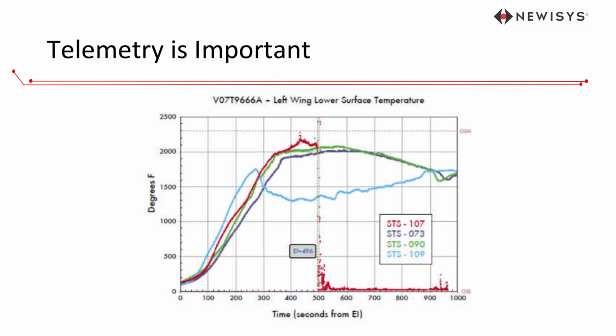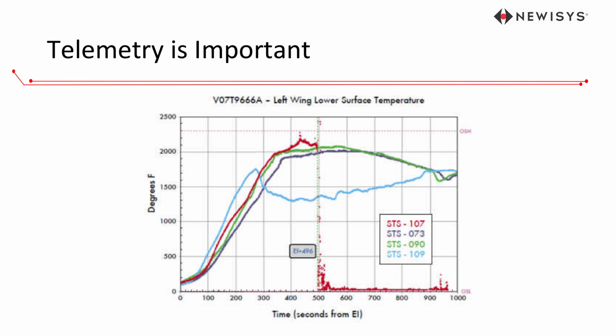To me, telemetry is very important, and it's been a while since I worked on the space shuttle program, but STS stands for Space Transportation System, which is more commonly known as Space Shuttle. We have a lot of telemetry in there, and this is the result of a failure.